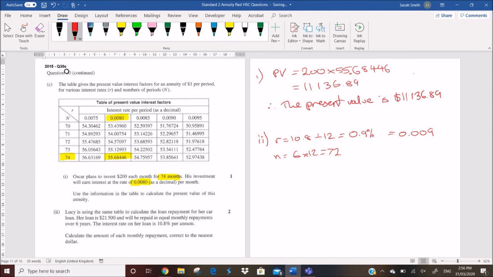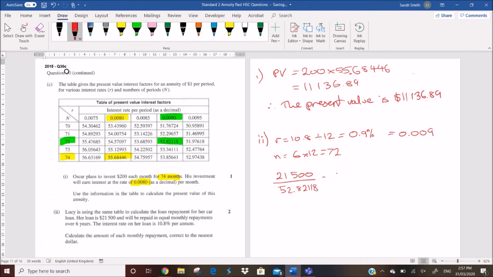Okay, so her loan is the $21,500. Because we want to know what her monthly repayment is, we need to divide that by our value in our table. So we have our 0.9, we're looking at 72, so that is the interest factor we're interested in. So we will divide this by 52.82118.